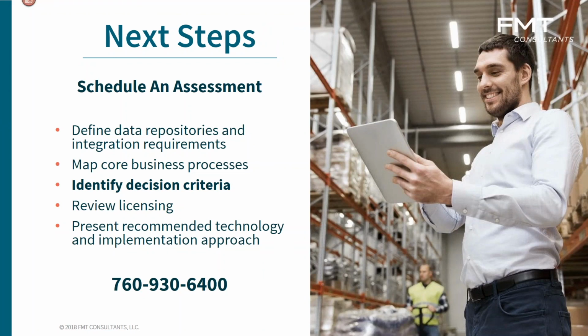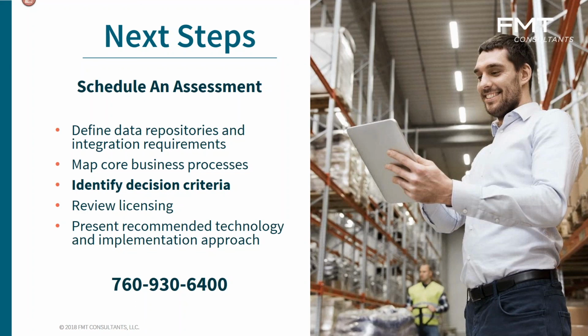Our first step, if you think back to that chevron graph, is we'd like to schedule an assessment. In our case, we come in, we look at data repositories, we look at workflows, we look at integration requirements. We really understand what your IT infrastructure is and make sure that the business trajectory and the technical infrastructure are in alignment.